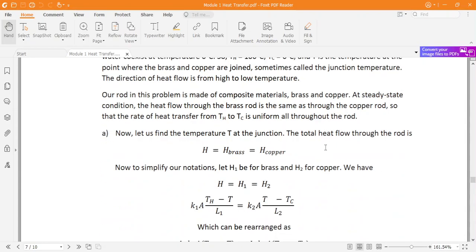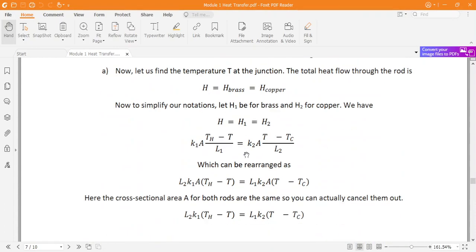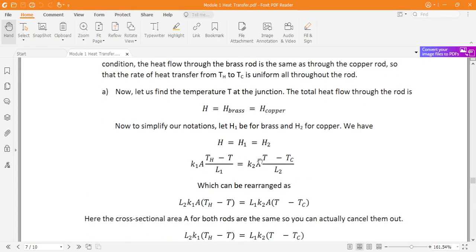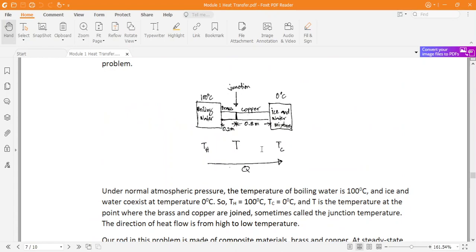They have the same heat flow, so we equate them here. But remember that this temperature T is the junction temperature. Of course, heat transfers from high to low, so this temperature T should be lower than TH but greater than TC.